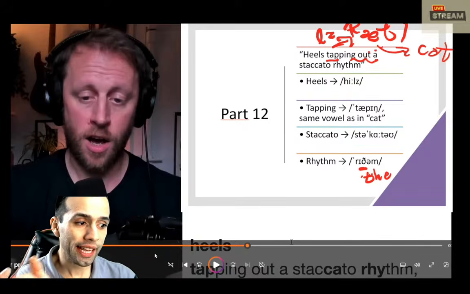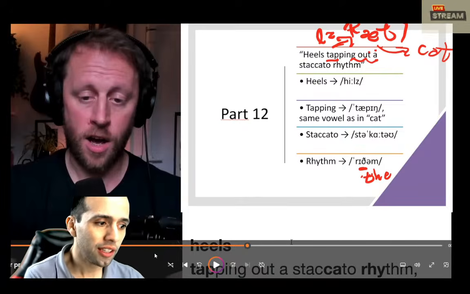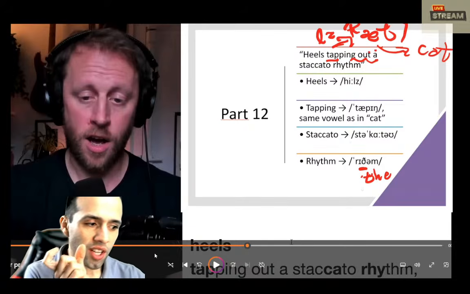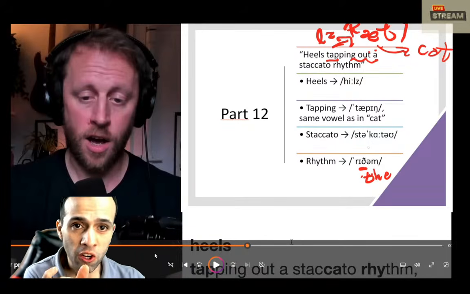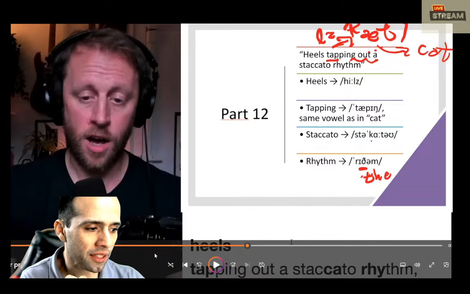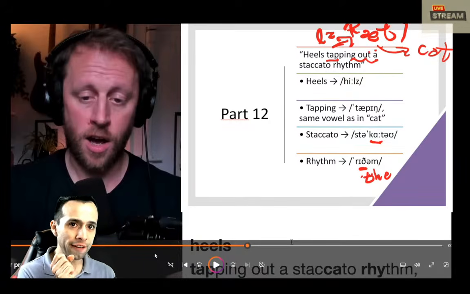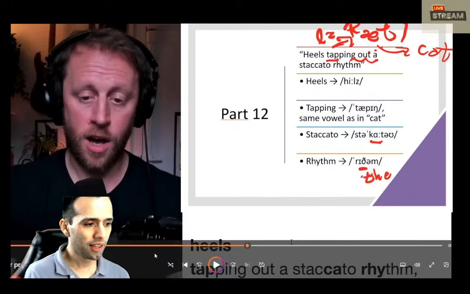So you get outer, staccato. Staccato is with a long R sound, again this R sound, which is everywhere in these accents.